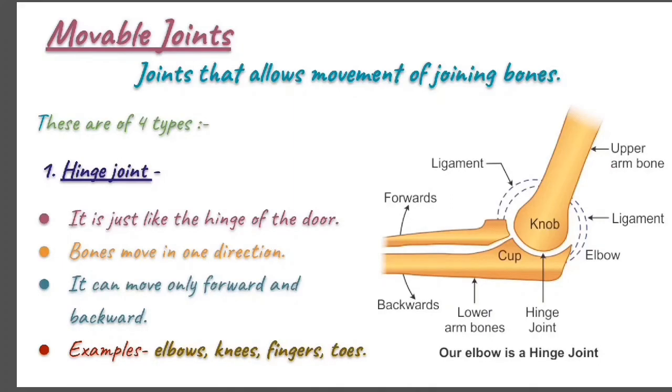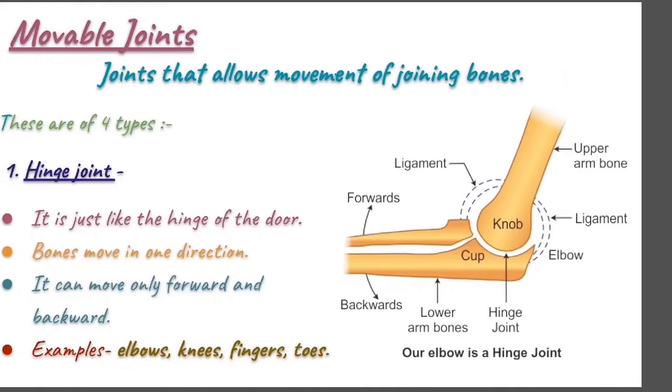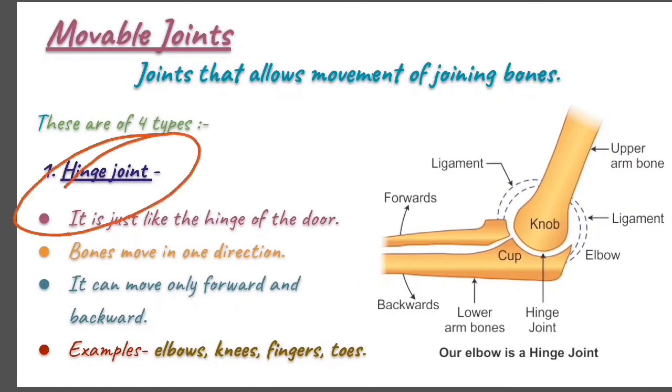So the first one is the hinge joint. Hinge is basically, if you have seen your doors, whether of your room door or your cupboard doors, these doors are capable of opening and closing with the help of something joining at a portion.